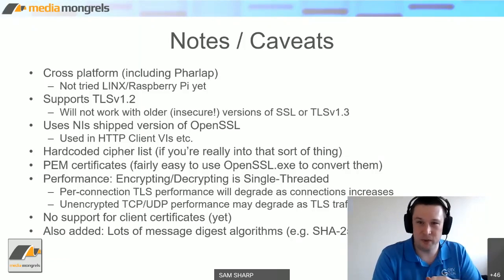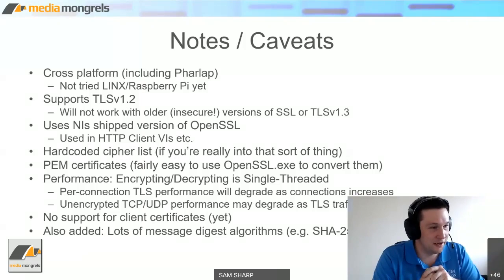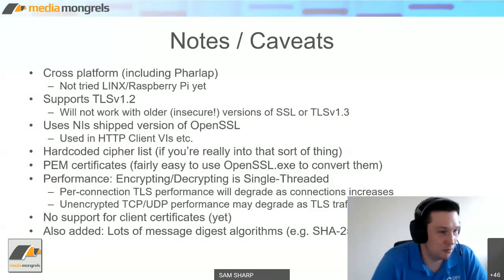If you're expecting an application with 1,000 connections and you add TLS to that, you might notice bottlenecks around encryption and decryption. The same applies if you're adding lots of TLS connections to an existing application that also does unencrypted TCP. It's all going through the same single thread. So it's something to be aware of if you're trying to do high-performance TLS encrypted sockets.